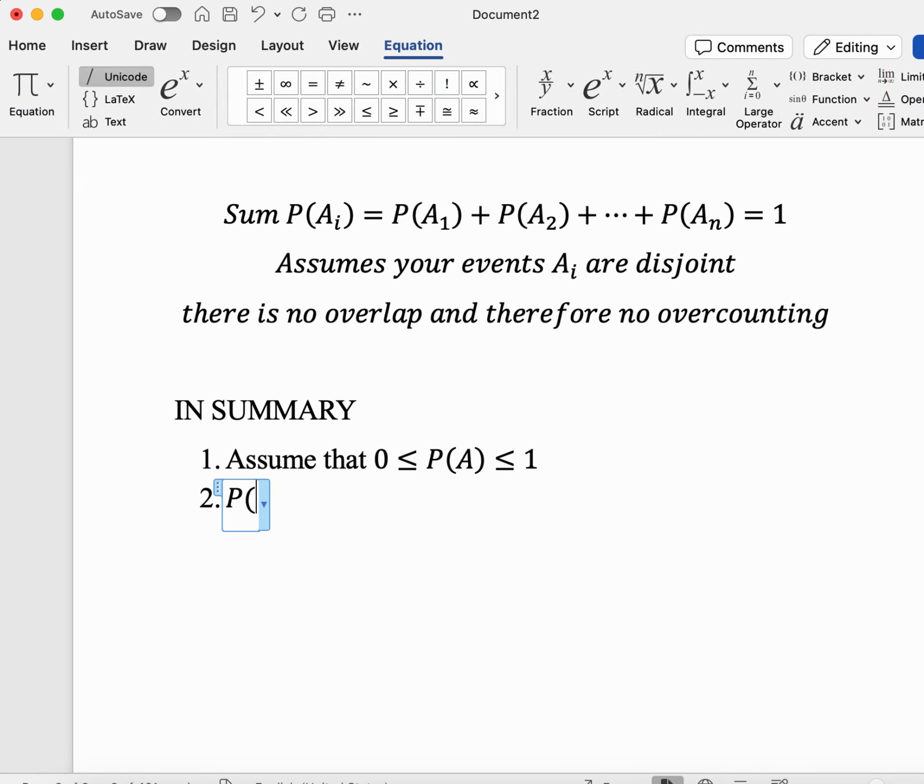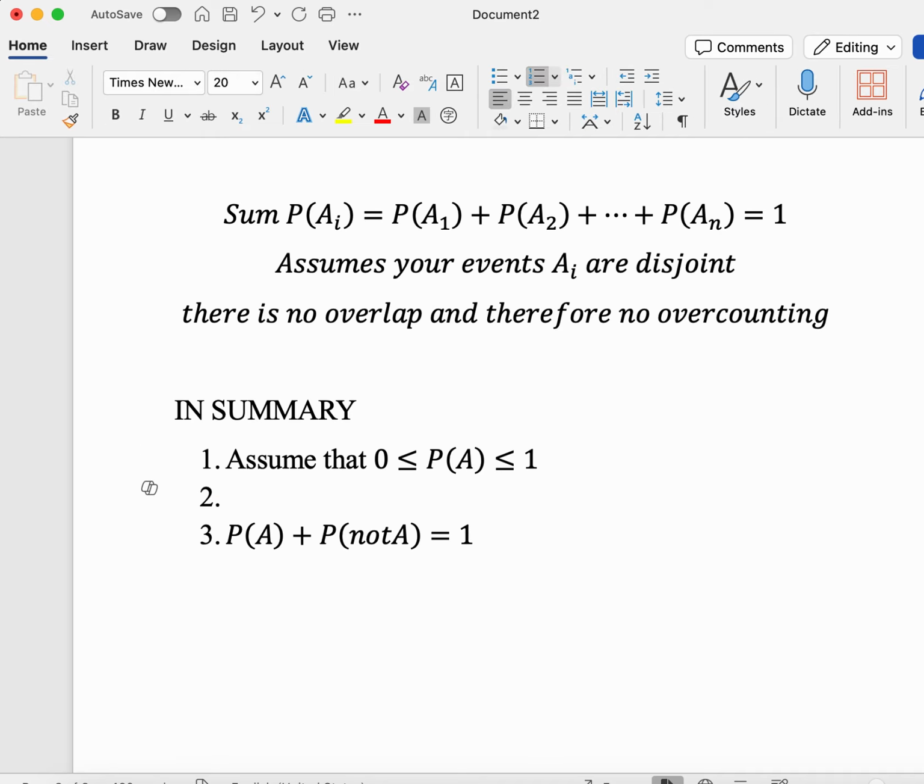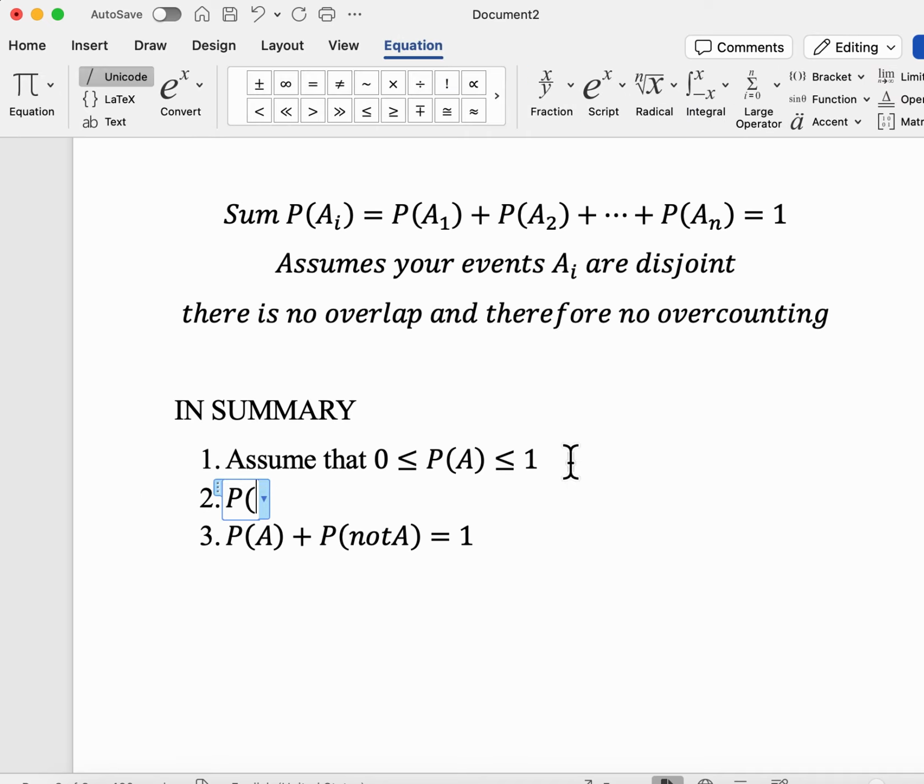We state that the probability of an event happening and the probability of its complement happening will add up to the total sample space. The probability of taking the entire universal set will obviously be 1, because the probability of an event happening and its complement add up to 1.